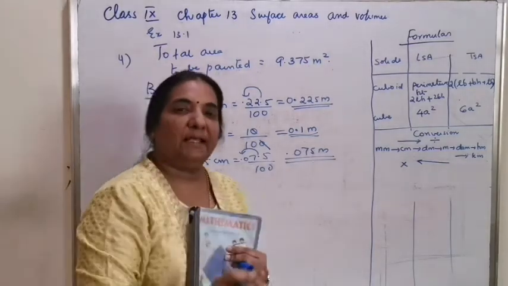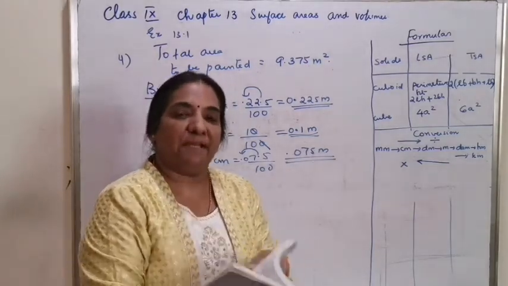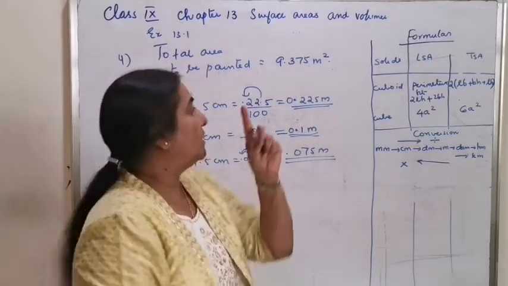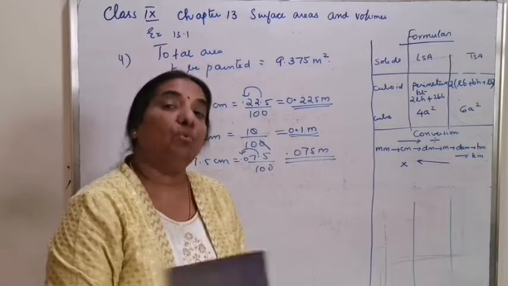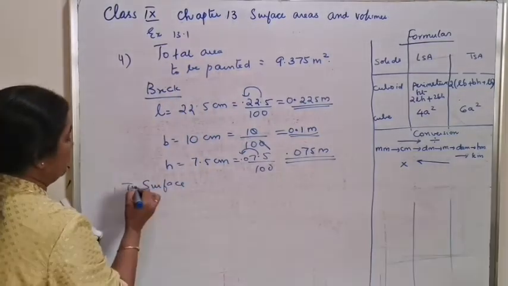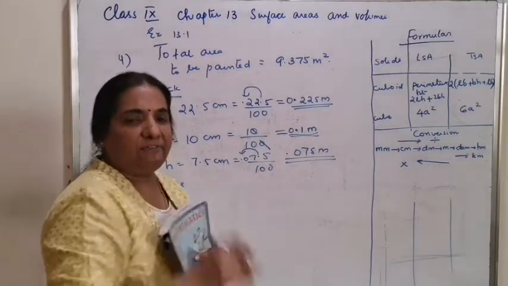Now you know the length, breadth and height of the brick. What is the surface area of one brick? Surface area, TSA. That means the brick is painted on all the faces.